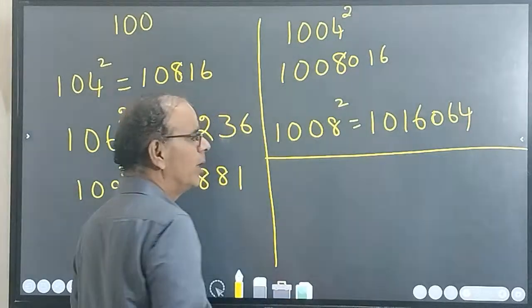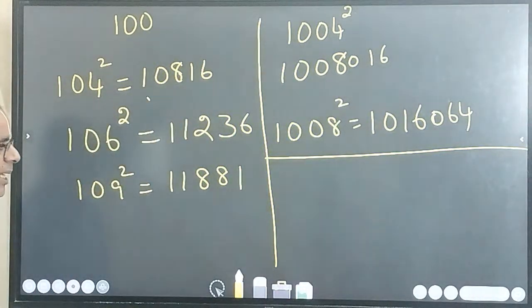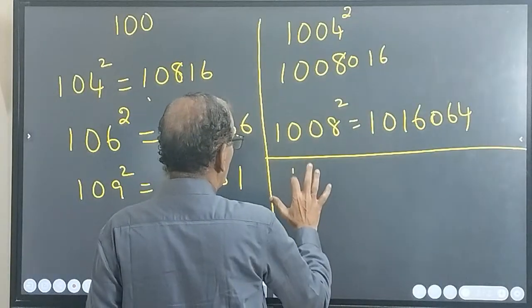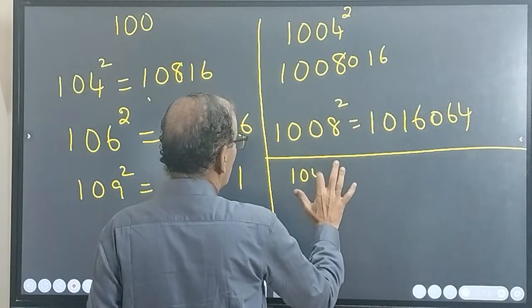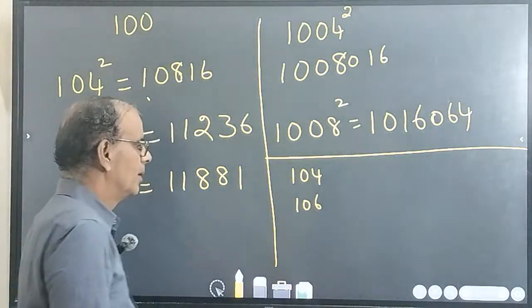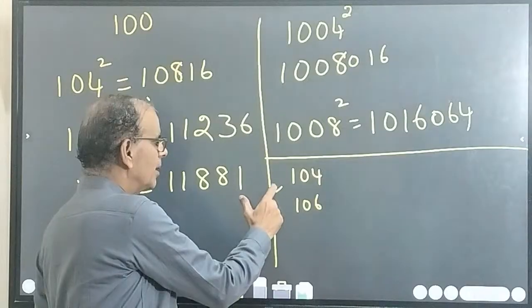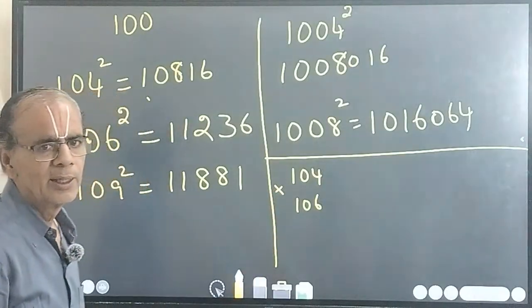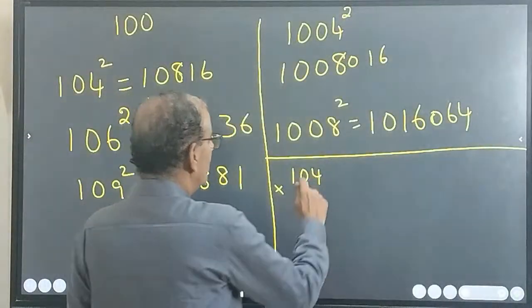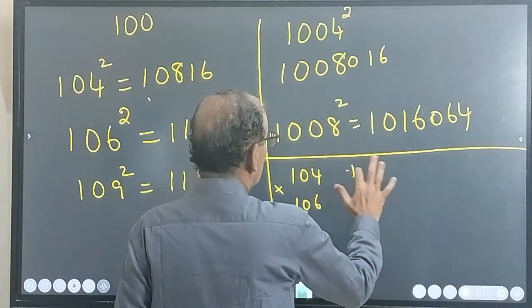Then suppose any two nearby numbers I have to multiply. These are not squares. Suppose I have to multiply 104 and 106. This is how much more?